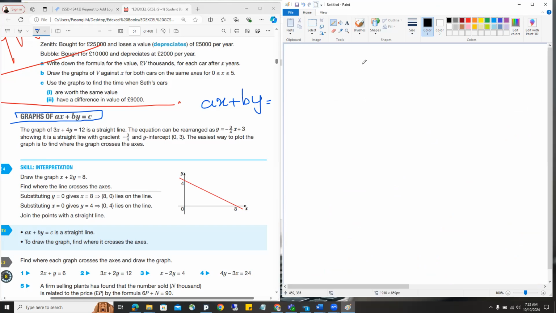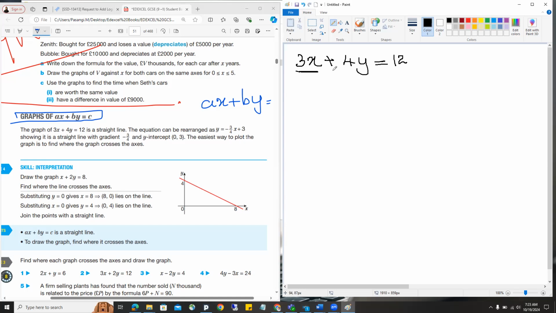So, what do we have to do now? We have the equation 3x plus 4y is equals to 12. Now we have to keep the y term only on the left hand side and take the rest of the terms to the other side. That means we need to remove this 3x, so we subtract 3x.